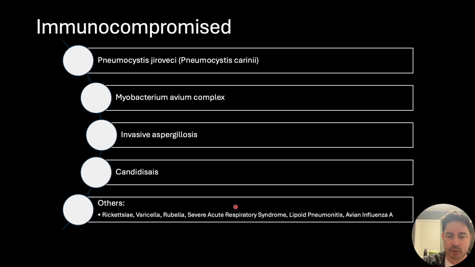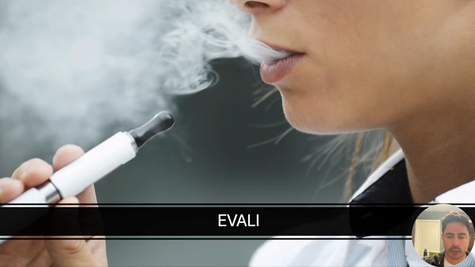Go ahead and circle severe acute respiratory distress syndrome and flu A. Highlight those two. Those are rickettsia and varicella, rubella. These are all of these others. You want to make sure that you know these are associated with your patients that are immunocompromised. So go ahead and highlight those.